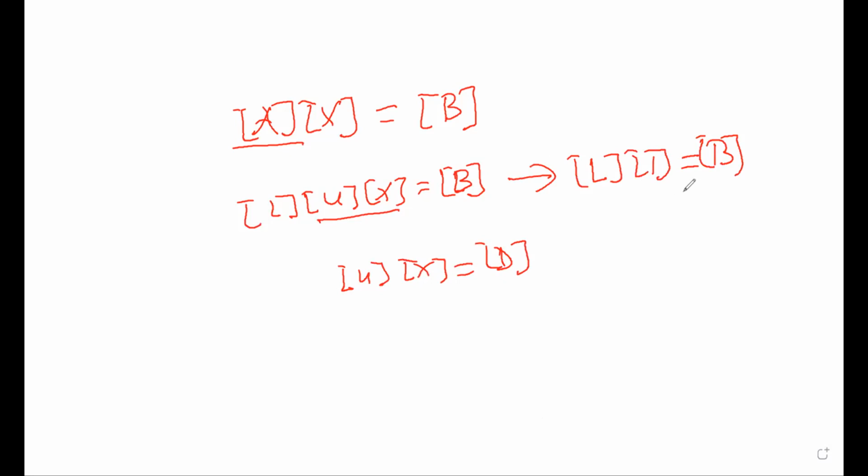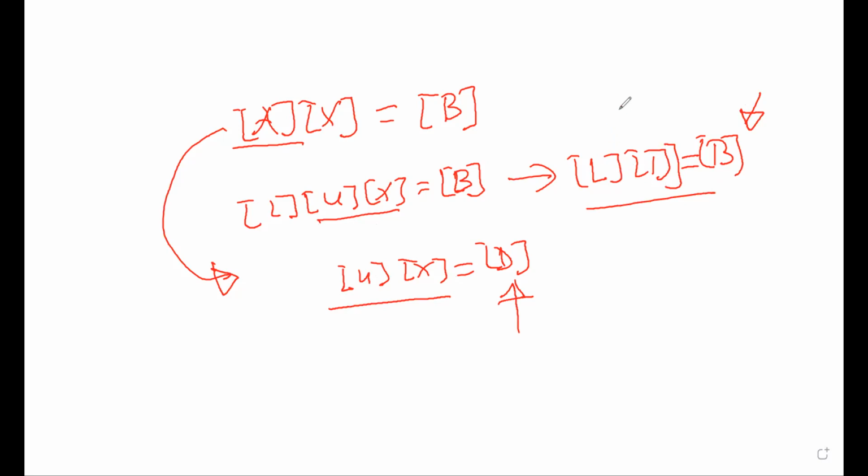Then what can you do? Your D is, for example, an intermediate column matrix that you need to determine. Then from where to start? If your A matrix is given, and from that A matrix L and U matrices could be calculated, then you can solve this equation first, because in this case your B will be known to you.